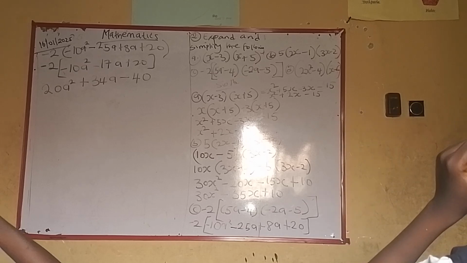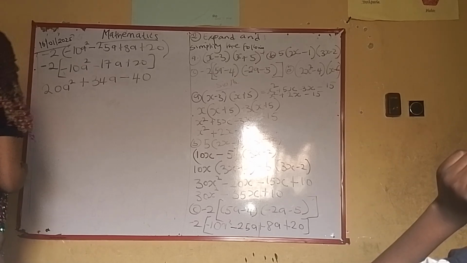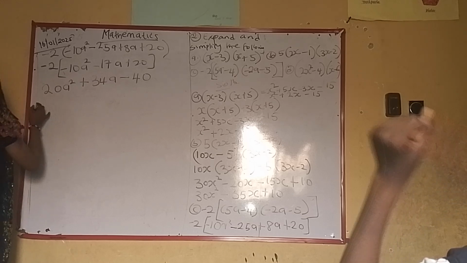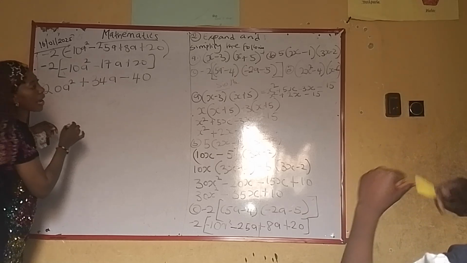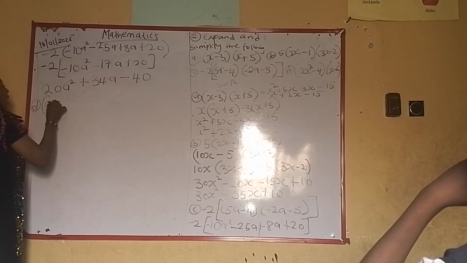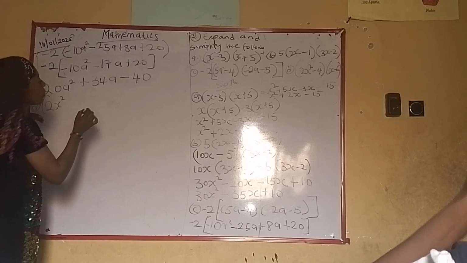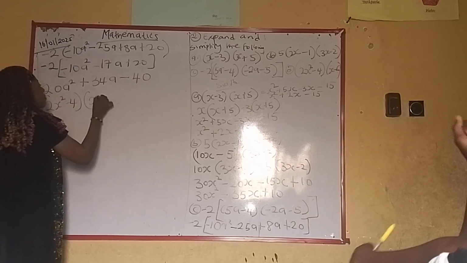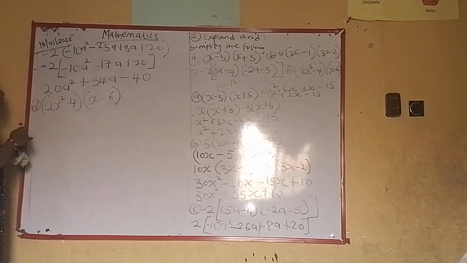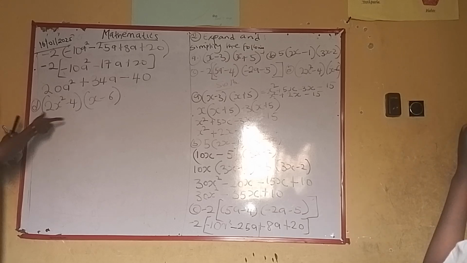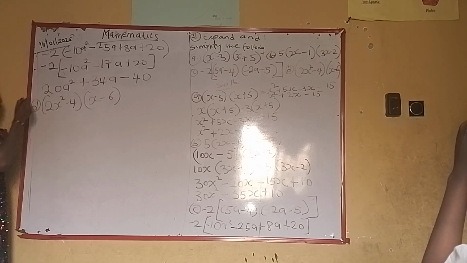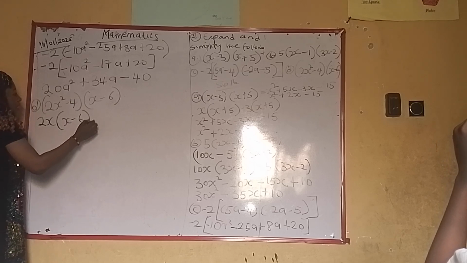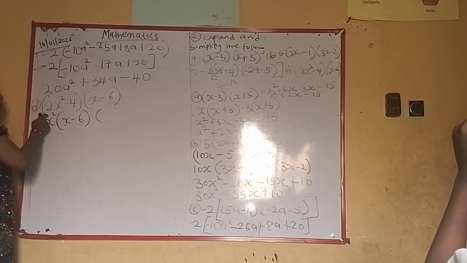Okay, so let's move on to the last on our list, example D for today's class. What does it say? It says 2x squared bracket minus 4 bracket, x minus 6. So what are we going to do? We are going to share this bracket. So we have 2x squared bracket x minus 6. Sorry, 2x squared is very important.